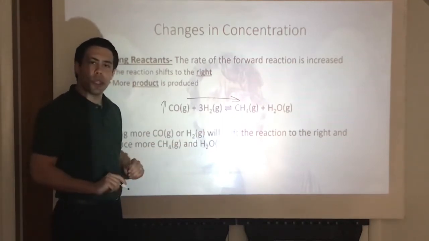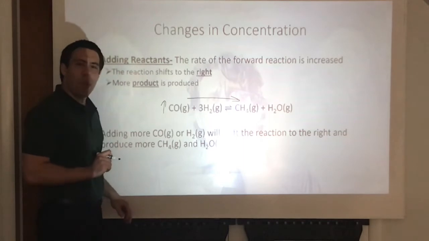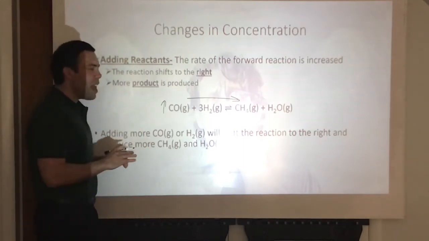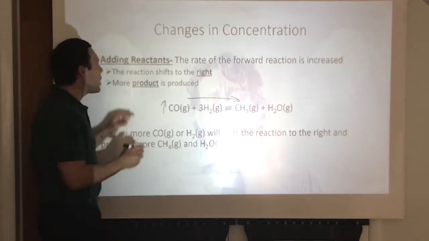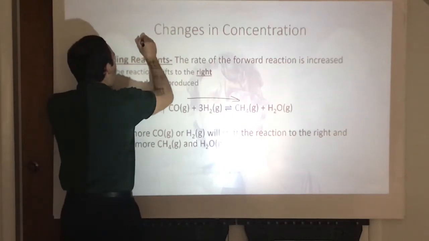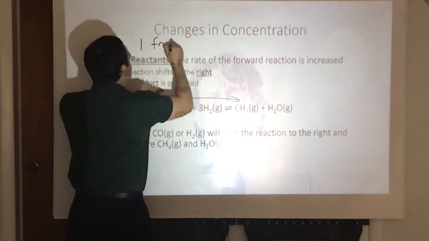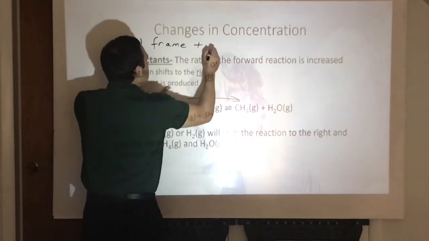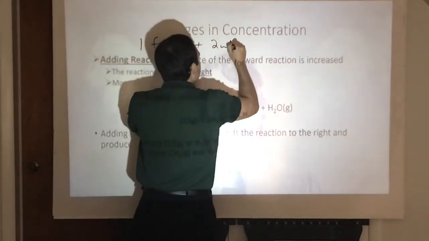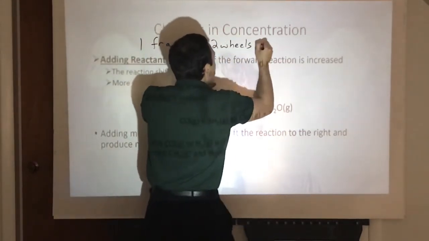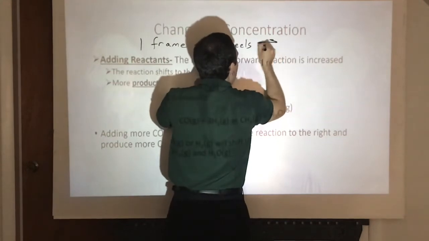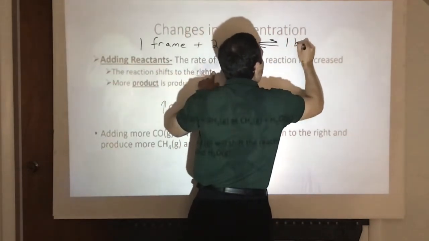A more real-world example would be, let's say that we own a bike shop. And for simplistic purposes, let's say to make a bike we need one frame plus 2 wheels makes one bicycle.